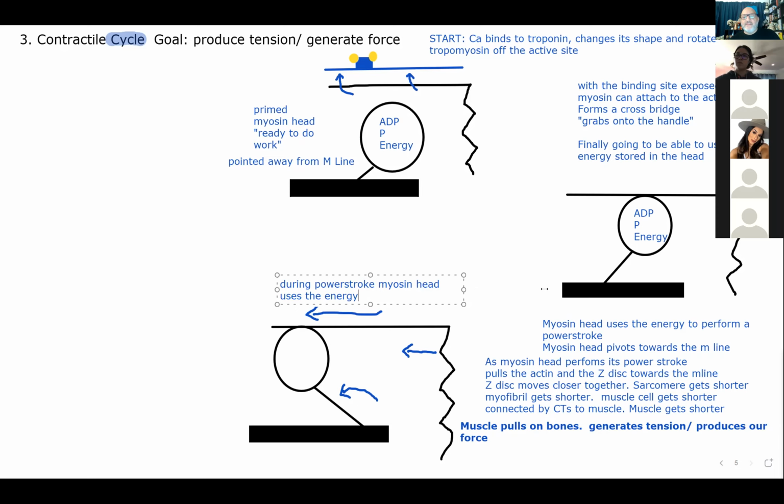But the other thing that happens is that it also releases the ADP and the phosphate during the power stroke. So this myosin head is going to let go of the ADP and the phosphate during that power stroke. And so because of that, we now have an open binding site.